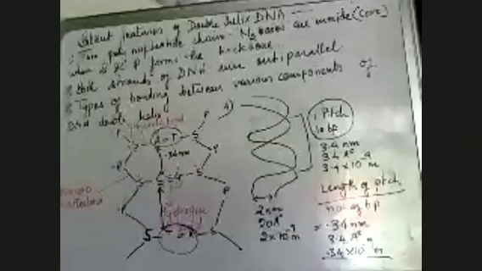So this was the length of the gap between the two base pairs, which I have written for you, 0.34 nm, or you can say it is 3.4 angstrom or 0.34 into 10 raised to power minus 9 meters. So this gap is this much.